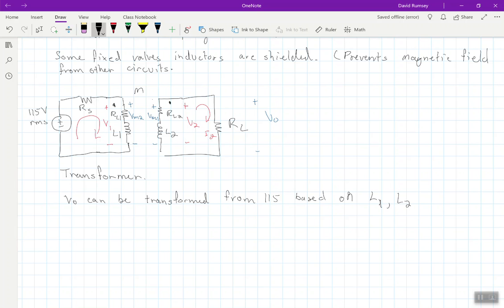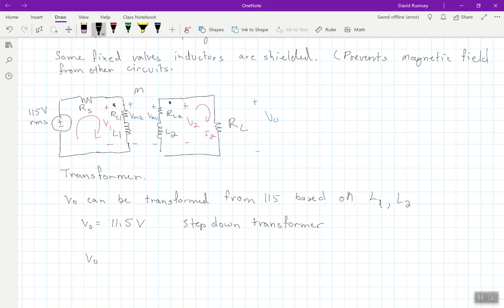So based on the inductance of L1 and L2, we can actually change this voltage. So you could, for instance, have V out equaling maybe 11.5 volts. This would be what's referred to as a step-down transformer, because it's stepping the voltage down.